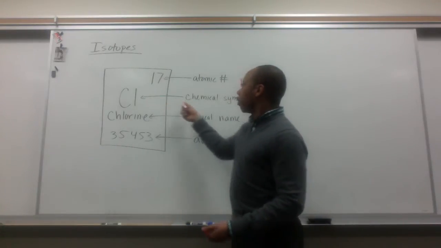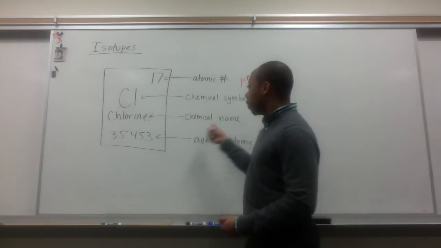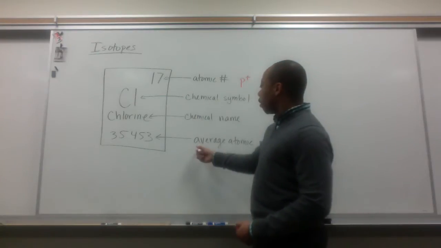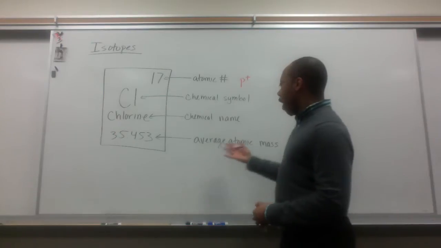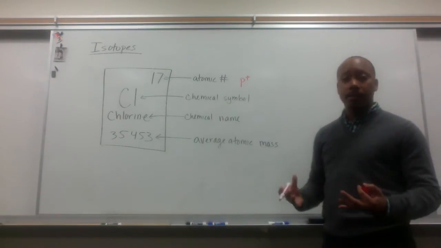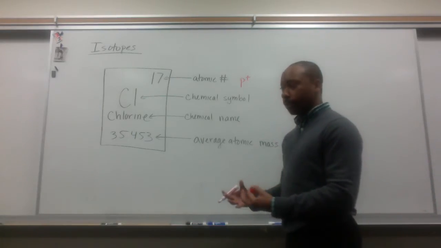Next, we have our chemical symbol, which tells us what element we're working with, and the name of that element, in this case, chlorine. Now, at the bottom here, we have 35.453. It's the average atomic mass. We know the mass of an atom depends on the number of protons and neutrons in the nucleus.